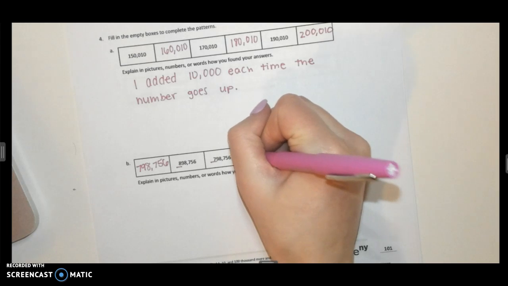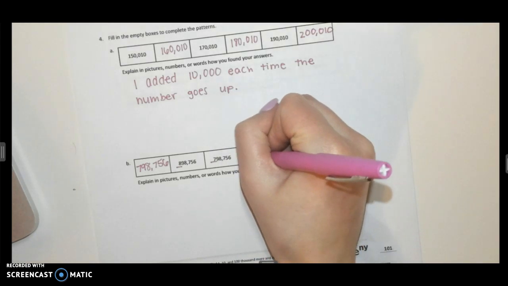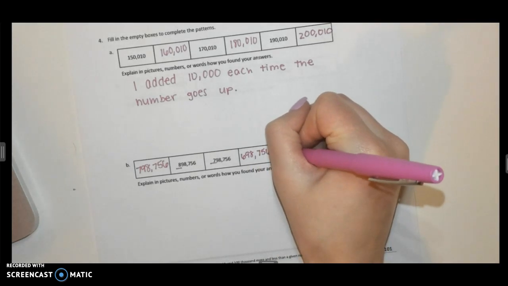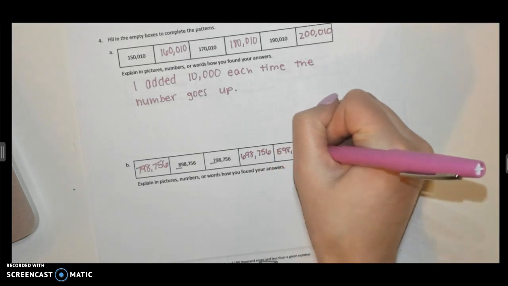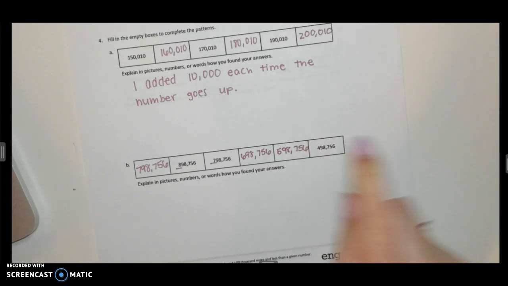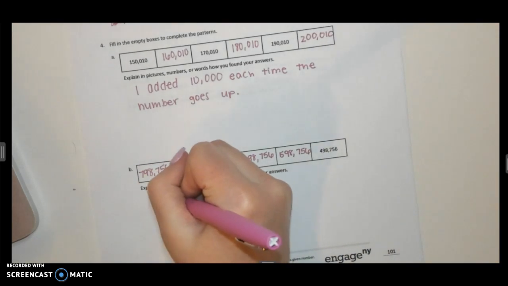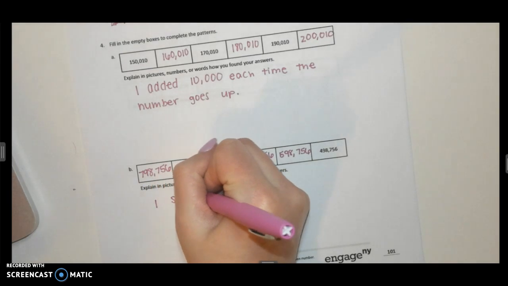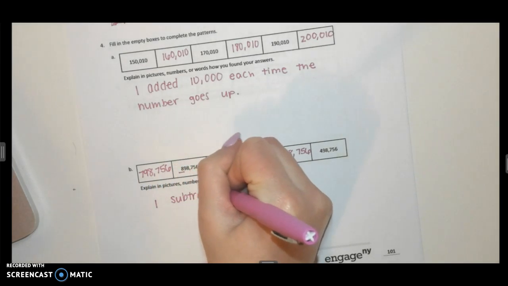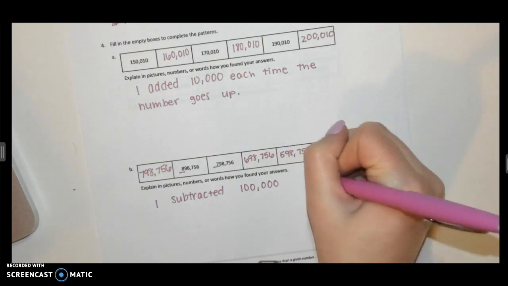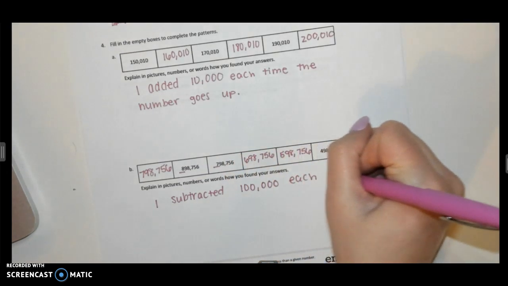So that means we'll have 698,756. And we'll have 598,756. And there's our last number. And so I subtracted 100,000 each time.